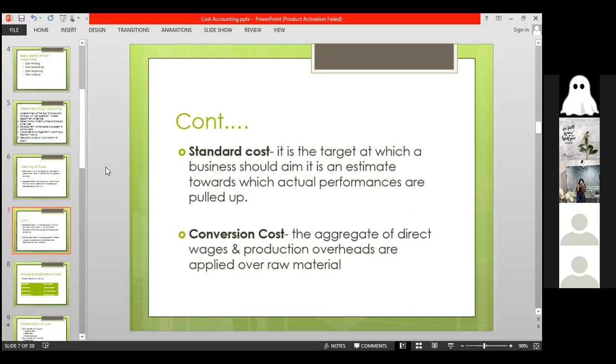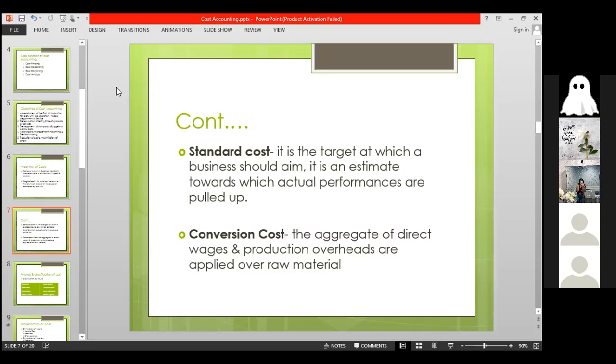Standard cost. It is a target at which a business should aim. It is an estimate towards which actual performance is pulled up. So standard is like a target. It is like setting the standard. The term is used many times as setting the standard for a particular thing.